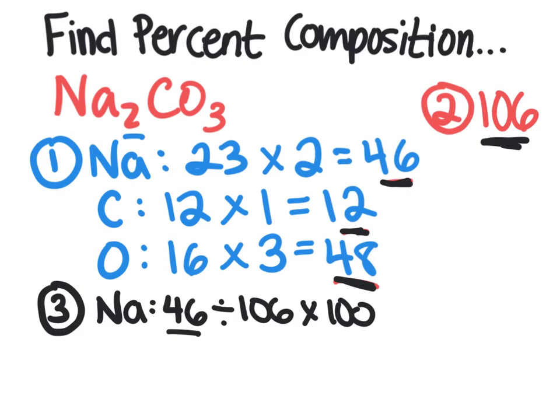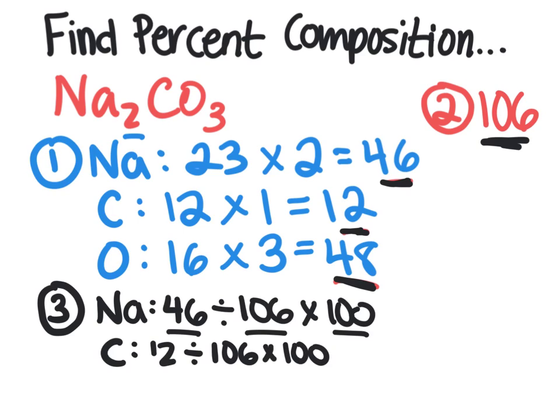The part, the whole, 100. For C, we do 12 divided by the same 106 times 100. And for O, we do 48 divided by 106 times 100.